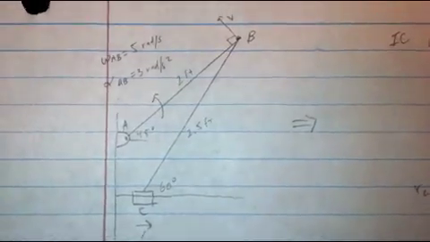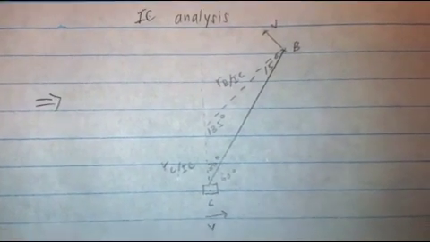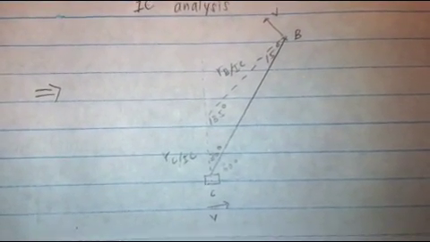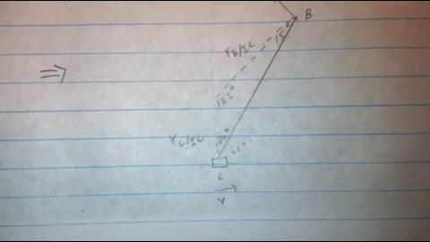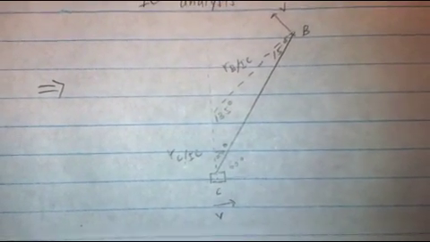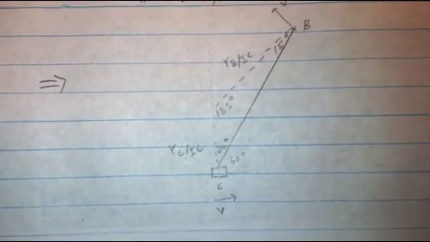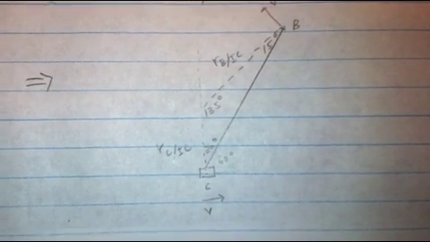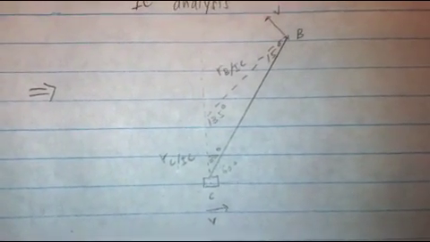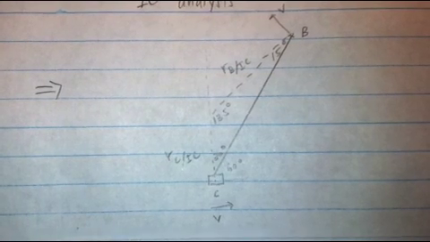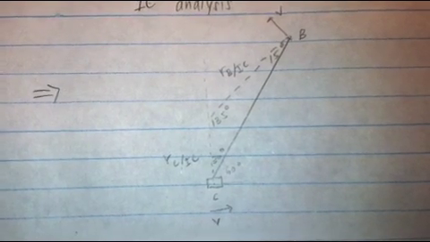So moving on to the instant center analysis, we find out the instant center by finding out what is perpendicular to the velocity of each end of B and C. C can only move in the x direction, so we draw a line up to find the instant center, and B moves at an angle of 45 degrees up to the left.